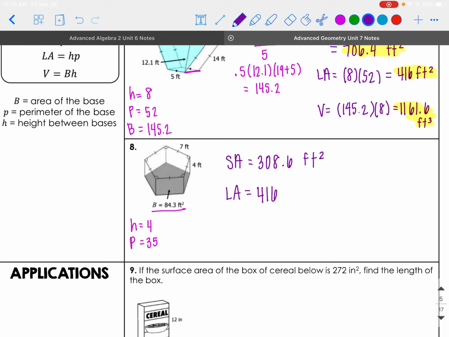Lateral area is 416 feet squared. Oh, no, I looked at the wrong one. Hold on. Oops, sorry. Lateral area is 140 feet squared. And volume is 337.2 feet cubed.